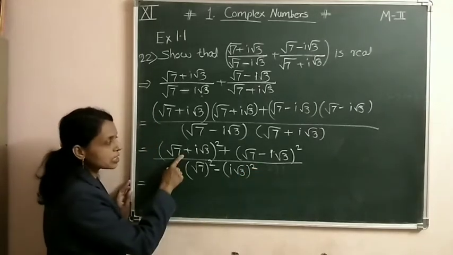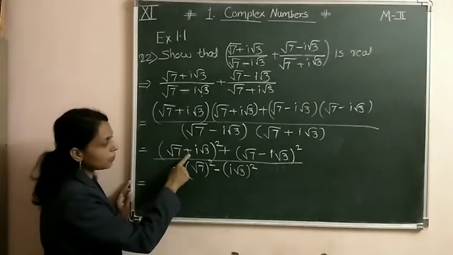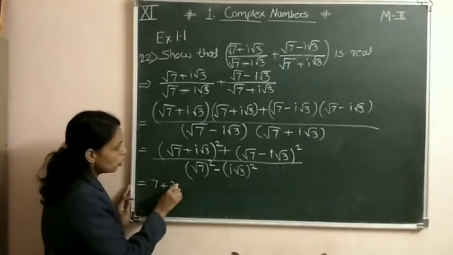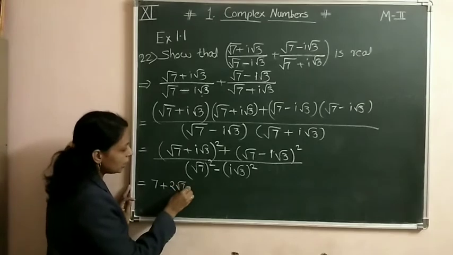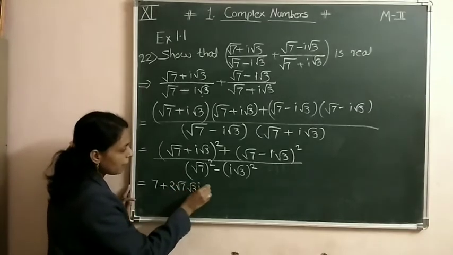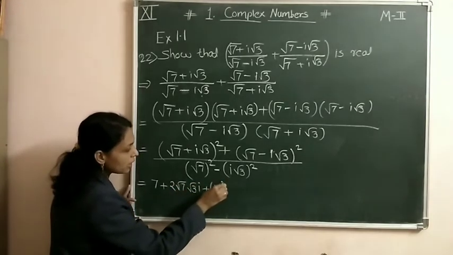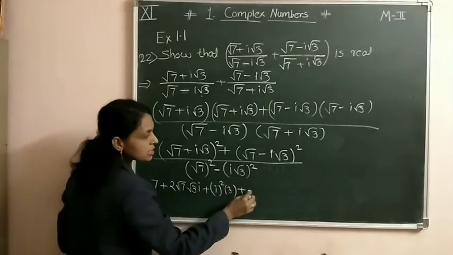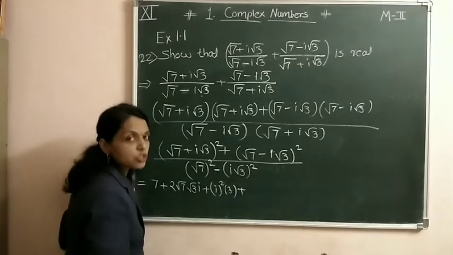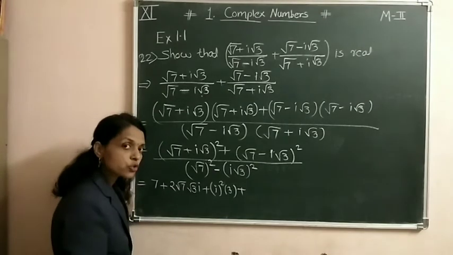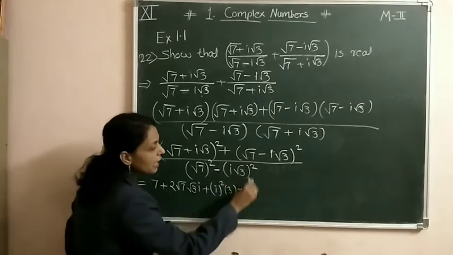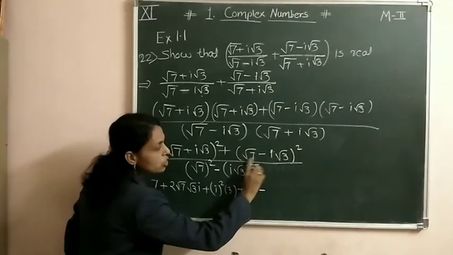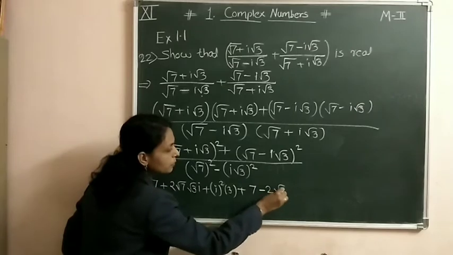Now when we open this bracket, root 7, (a plus b) bracket square, root 7 square, 7 plus 2 root 7 into root 3i plus i square into 3, plus again root 7, (a minus b) bracket square means a square minus 2ab plus b square, means the square of the first term, so it becomes 7 minus the multiplication of both into 2.